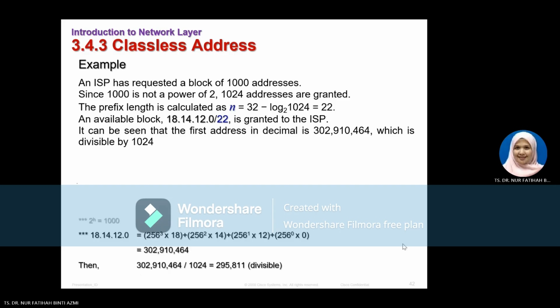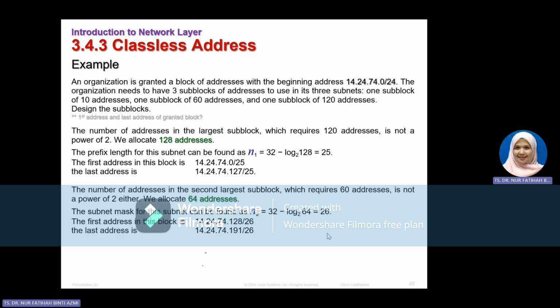So we can say that the first address is equal to the prefix in decimal times 2 to the power of 32 minus n, which is equal to the prefix in decimal times N. Then let's see this example.